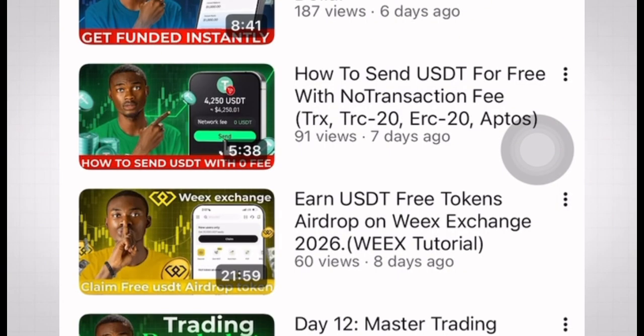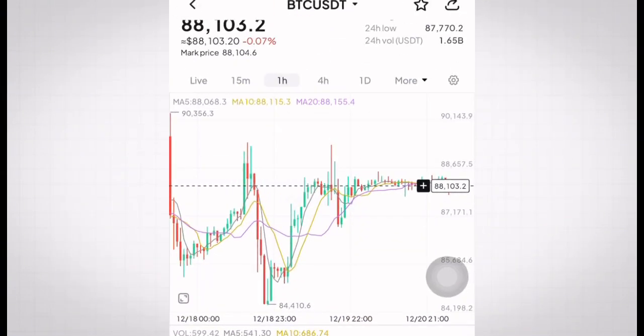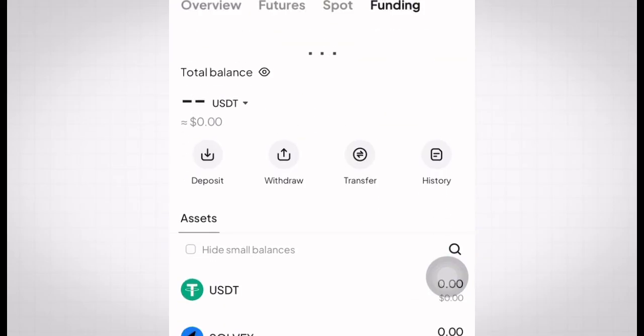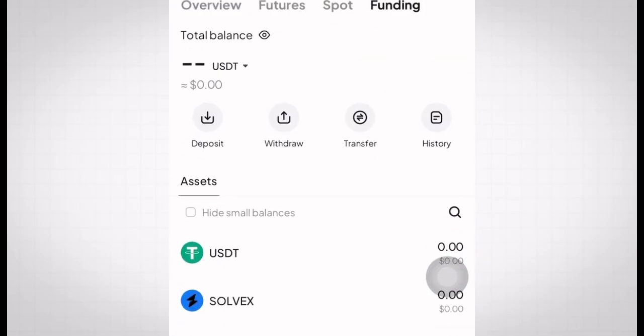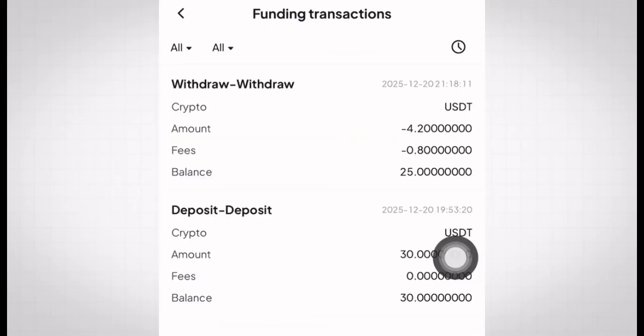So you just want to hop on it and get credited this free money and start using it to trade, which is what I got right here on my account, as you can see on my funding. And if I go ahead and refresh this interface, you're going to see that I got over 25 USDT on my first deposit from this Weex exchange new share of money, and I've traded it up and also been able to withdraw over 5 USDT, as you can see right now.